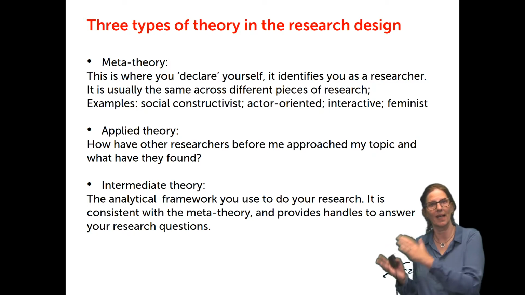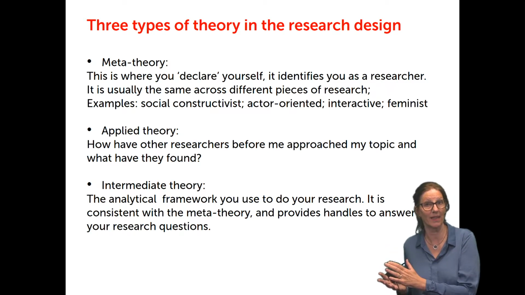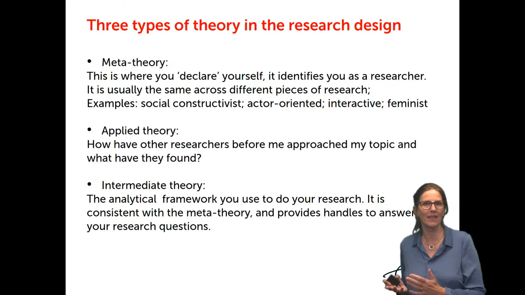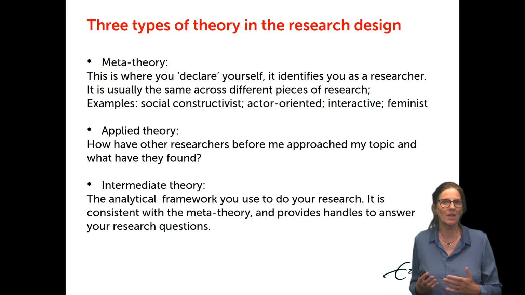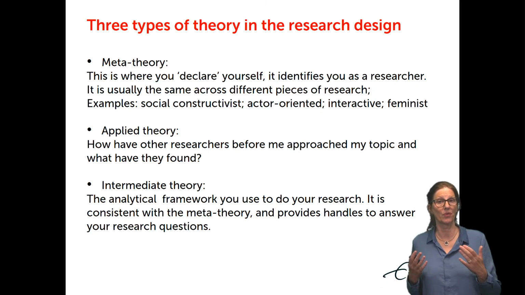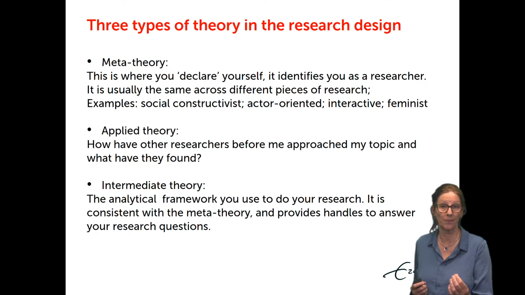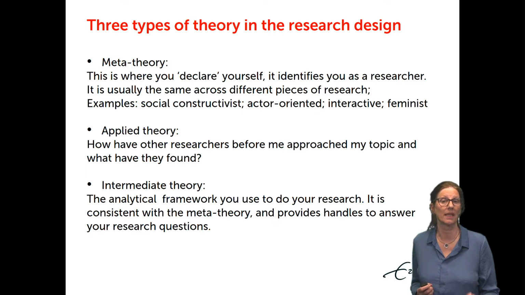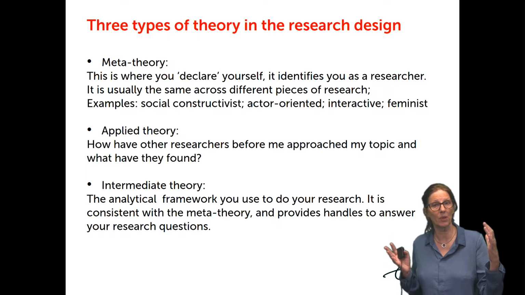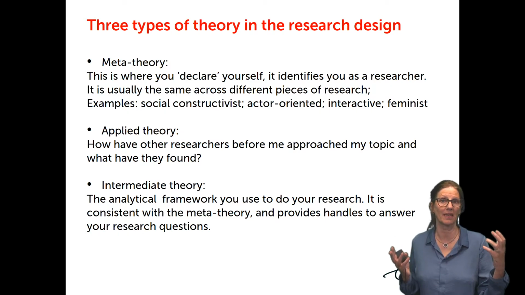On the other side is applied theory. Applied theory is actually very simple. It is what have other researchers done before me, how have they approached my topic, and what have they found. So the applied theory is really about the issue that you want to research. Then, in between those two, there's what I would call an intermediate theory.